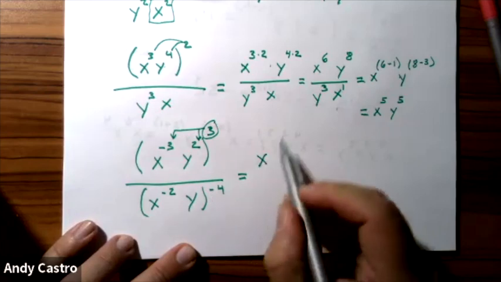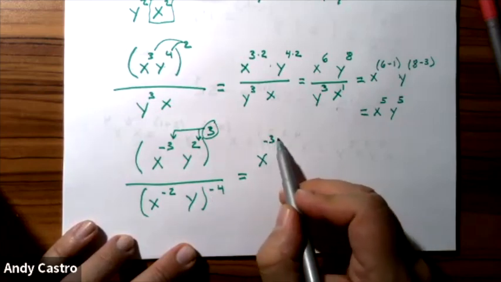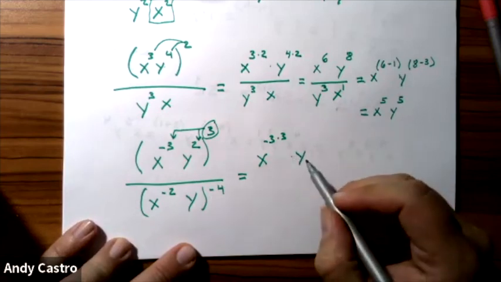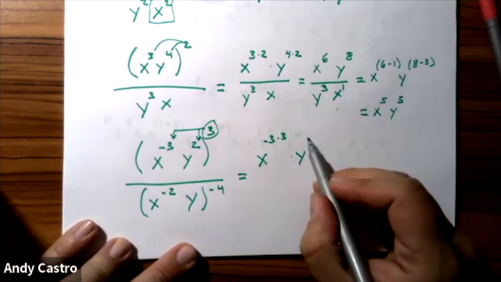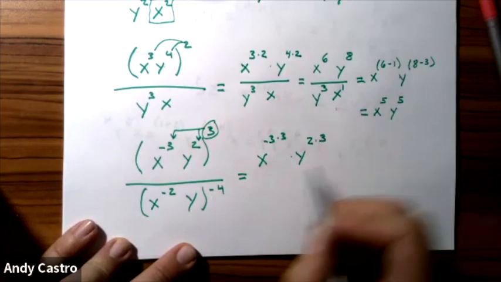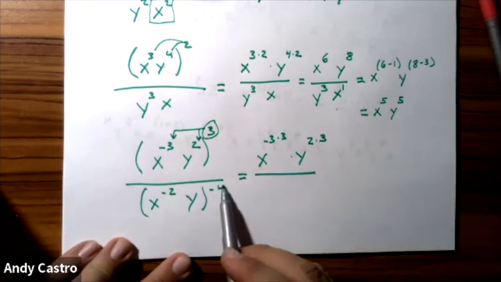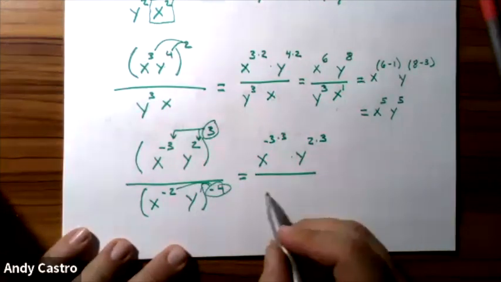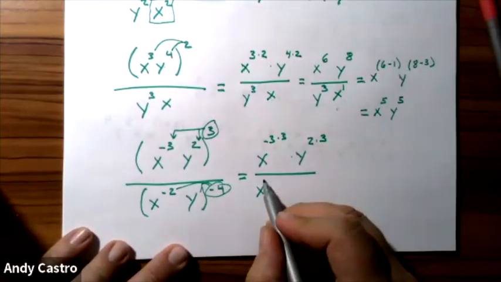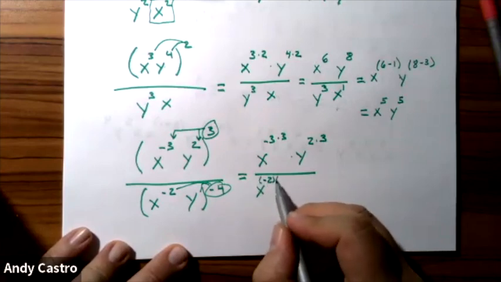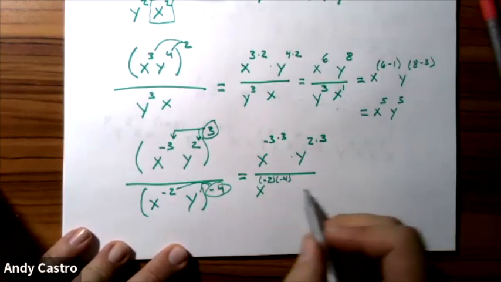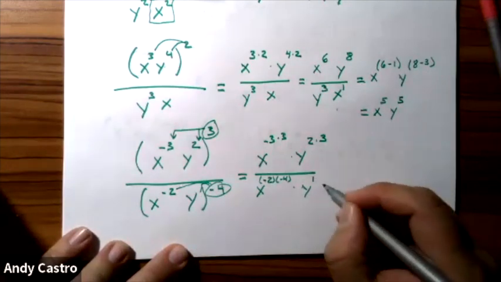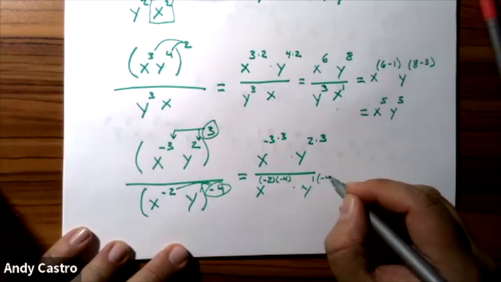This is going to be x to the negative 3 times 3, and multiplied by y to the 2 times 3, over this negative 4, we're going to multiply in. This is x to the negative 2 times negative 4 times y. Y by itself is just a 1 times negative 4.